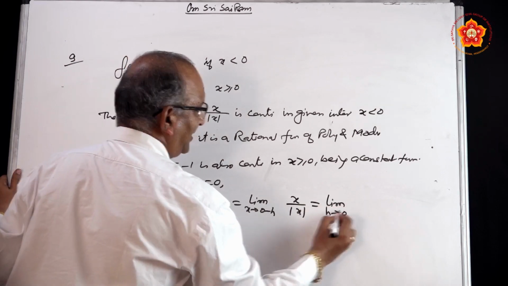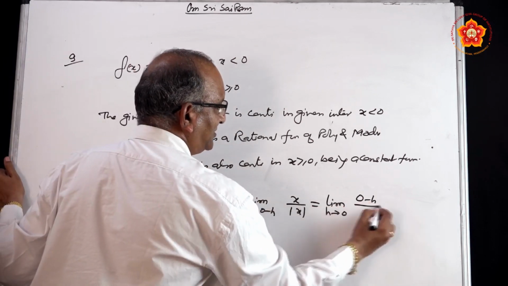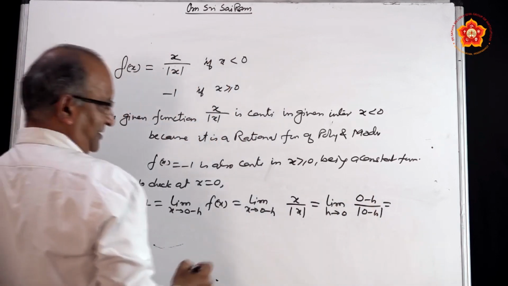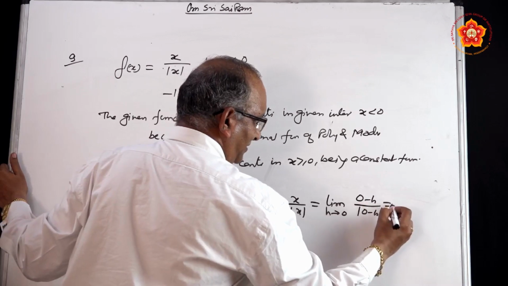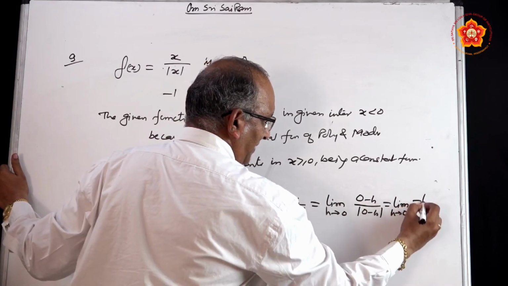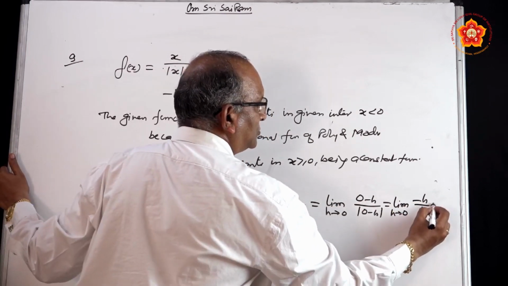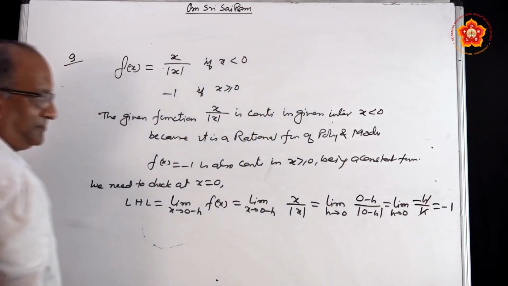What we actually need to do is, in place of x you have to write this. So, 0 minus h by modulus of 0 minus h. If you simplify further, it is limit h tending to 0, this is minus h and modulus of minus h is h. So, both will get cancelled, you get the answer minus 1.